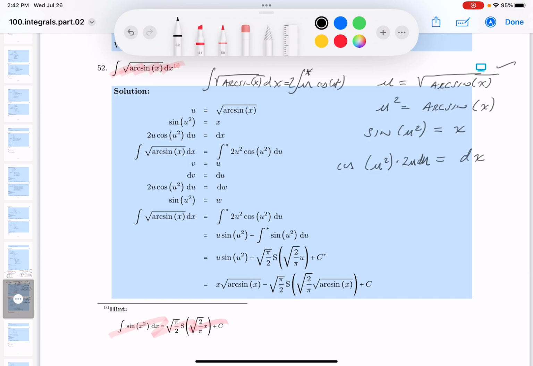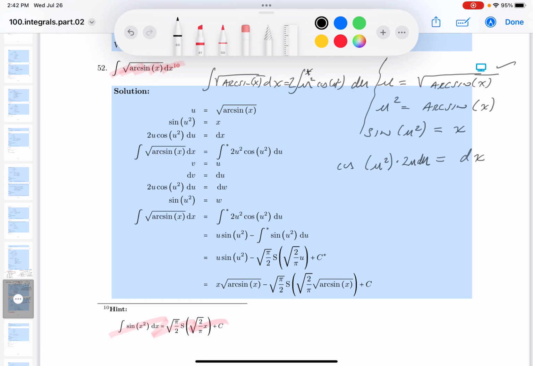I can put the 2 on the outside, this would be u squared then, and then du. All right, put a little line over there. So I think I'm okay with that. But again, I'm looking forward to eventually seeing something else over here. So let me move forward on it.